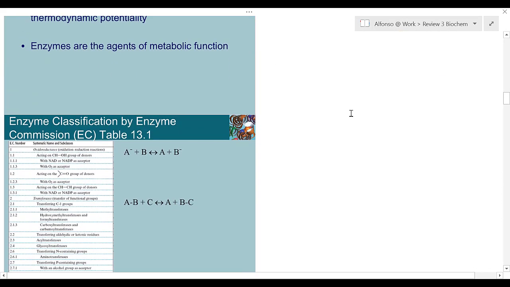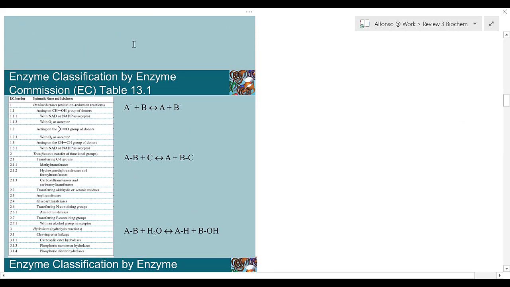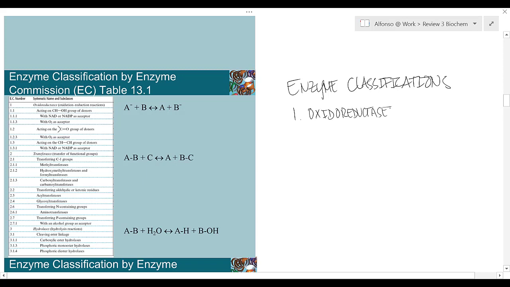And so now we will talk about enzyme classifications. The enzyme classifications are as follows. The very first one is oxidoreductases. The second one is transferases.